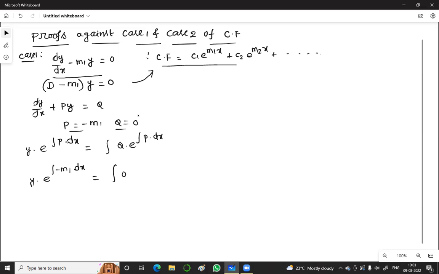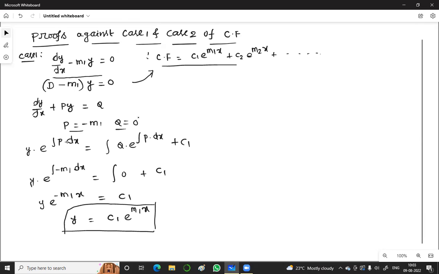So the total thing here will be 0, plus some constant, let us say c1. So y into e to the power minus m1x is equal to c1. So the output is y equal to c1 into e to the power m1x. If it is one root, you are getting c1 into e to the power m1x.